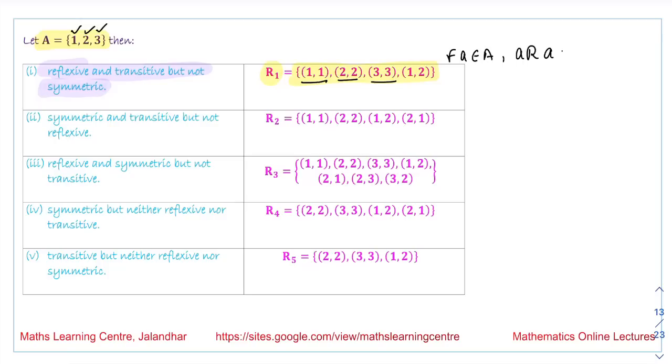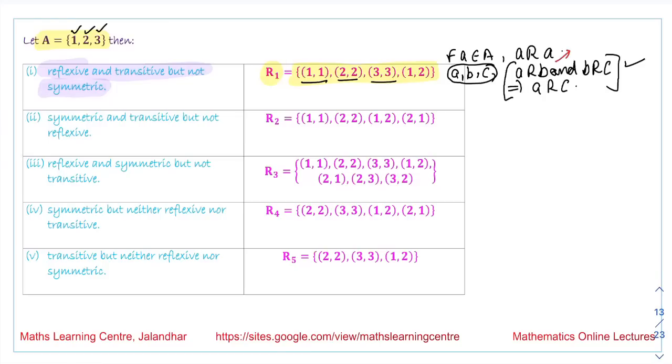Next, we are saying that this relation is transitive. If we consider any three elements a, b, c such that a is related to b and b is related to c, then this implies that a is related to c. We have to choose any three elements from this and check manually whether they satisfy this condition or not, and if you check it, they are satisfying this condition. As an example, I am showing you some calculations.